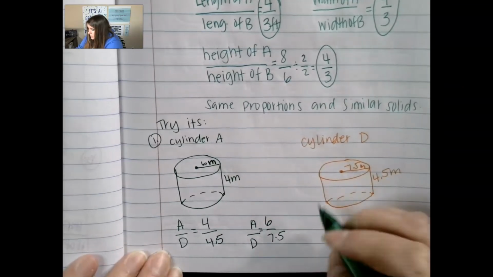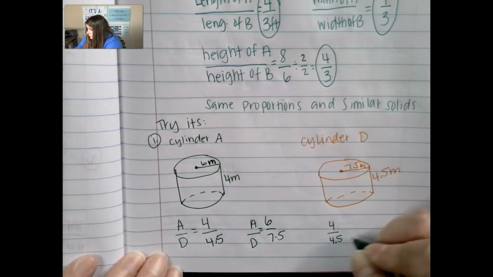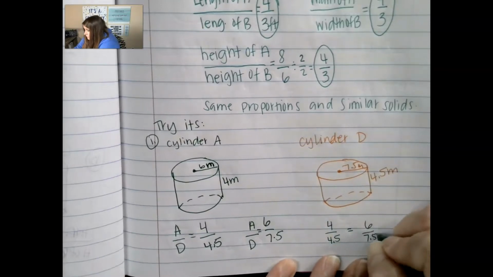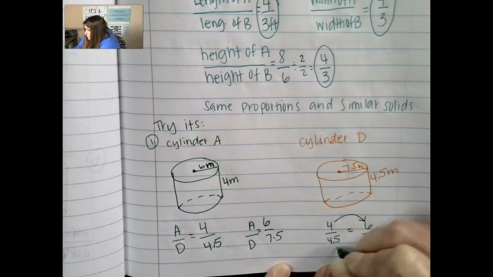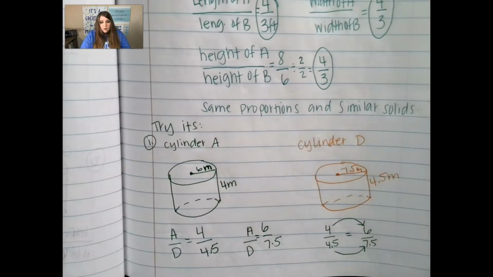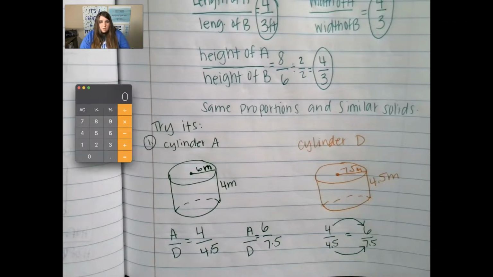So now I want to compare these two fractions. I have 4 over 4.5 is equal to 6 over 7.5. Do I multiply by the same thing both times? Okay, so I believe that 4 times 1.5 is going to give us 6, yep.